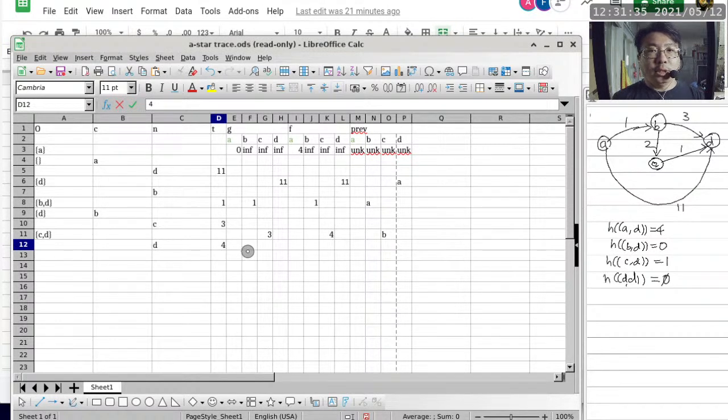And now we have to ask, did we find a shorter path? Did we find a shorter path from the start vertex, which is vertex A in this particular example, to vertex D? So we have to compare t with g of d, which has a value of 11. 4 is indeed less than 11, so that means we have to go into the then portion of the conditional statement.